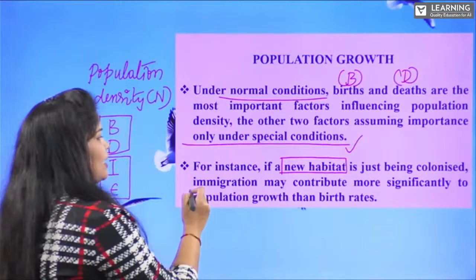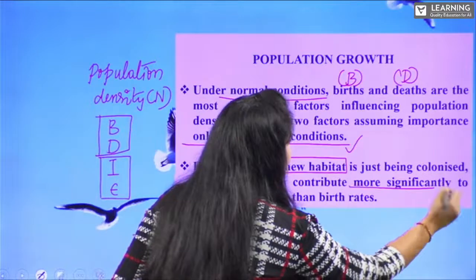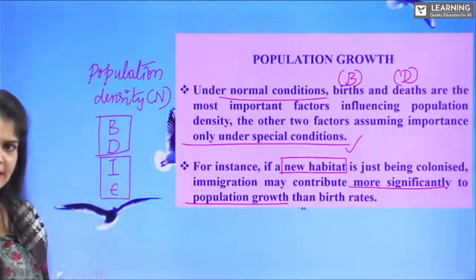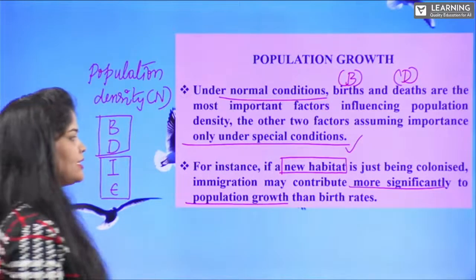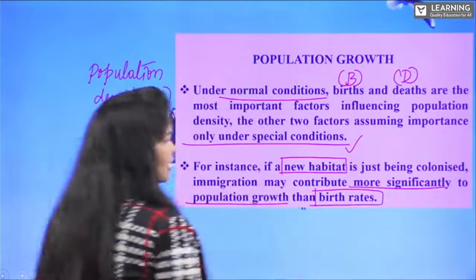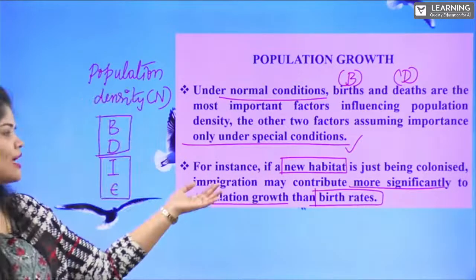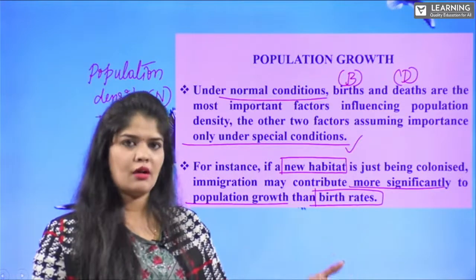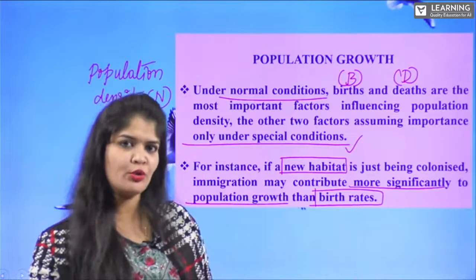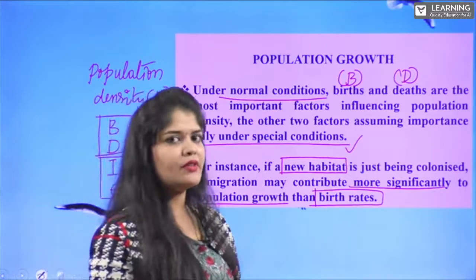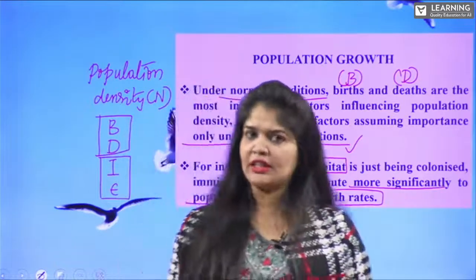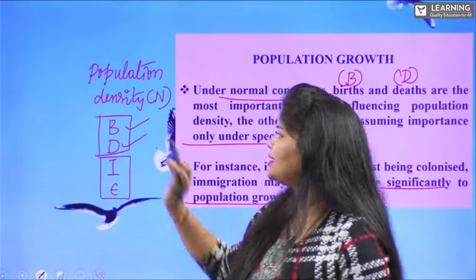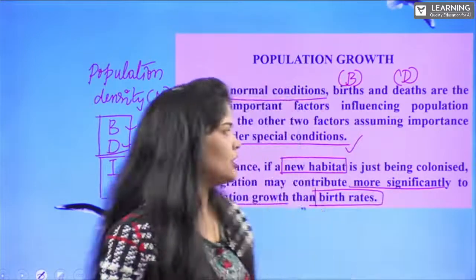So immigration may contribute more significantly to the population growth, population size or population density than birth rates. In that condition, immigration has special importance and influence towards the rise of population growth. Until then, if it is not a special condition, if it is a normal condition, then you have to take births and deaths into consideration. Right? Now, let's move on.